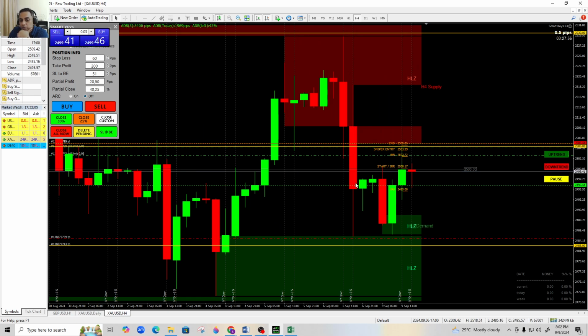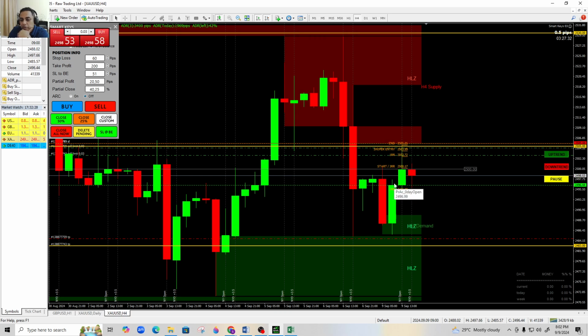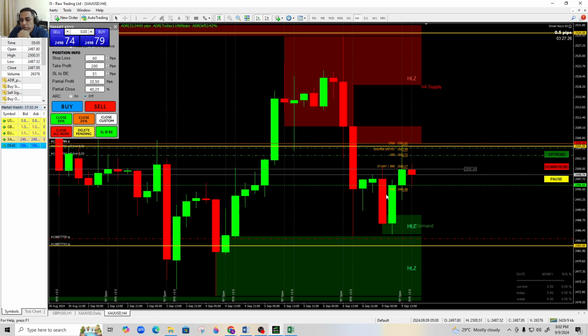Now there's a drop and there's a base. All of this one considers a base, and this one closed above that base, right? But I don't want to take a trade anywhere in this area, because there's a better zone below it.